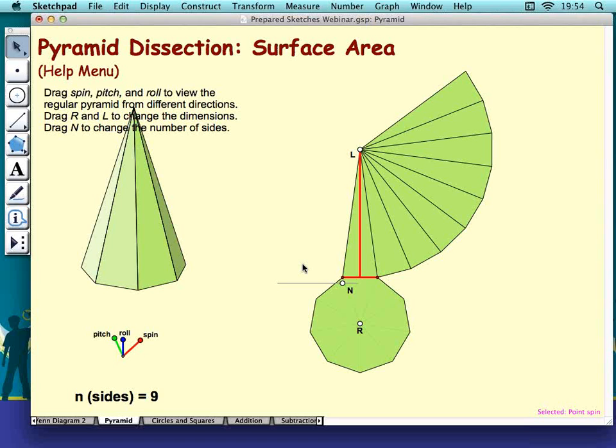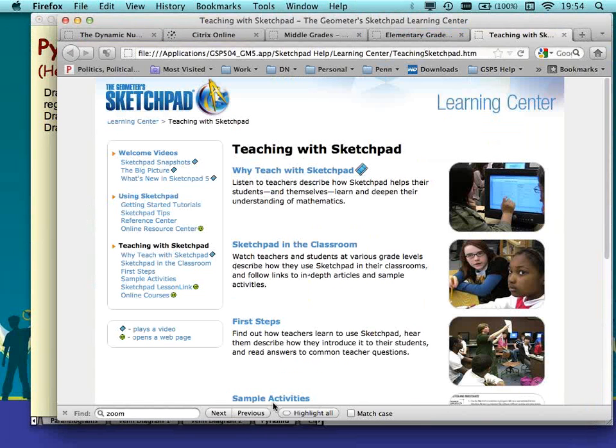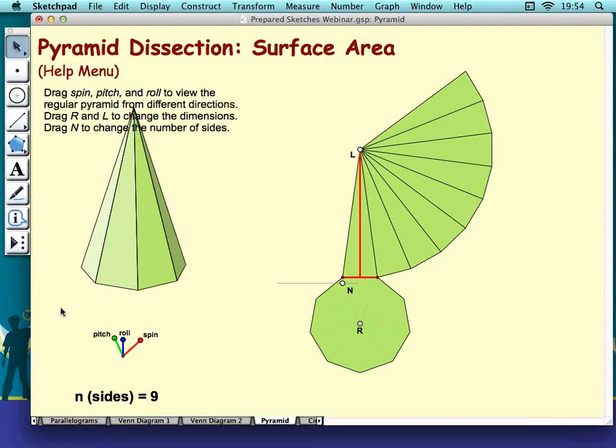We had a question about what the Venn diagram ones do? Scott, did you have, oh, I see. You have a couple of tabs there on Venn diagrams that someone was interested in. We also had a question about whether there were any Algebra 2 activities, which I think is out of the scope of this presentation, but maybe you can address that. Okay, quickly, Algebra 2 is out of the scope of this presentation, but again, teaching with Sketchpad, take a look at the sample activities, and under algebra and under trigonometry, conics, and calculus and beyond, you'll find lots of activities for more advanced topics.